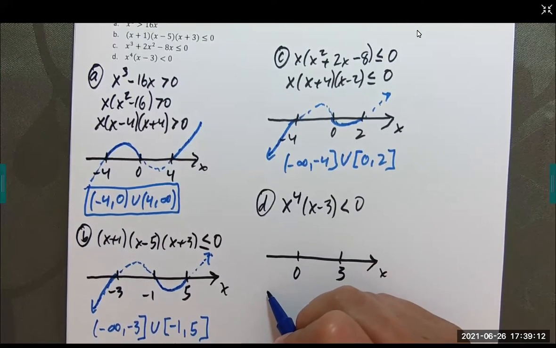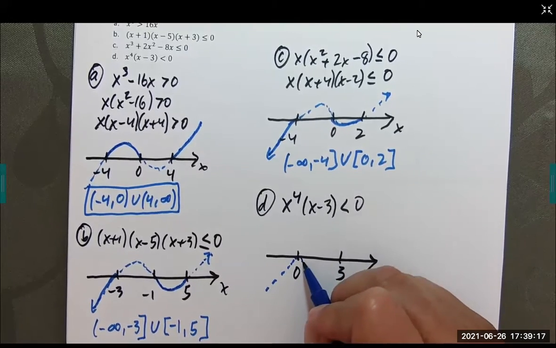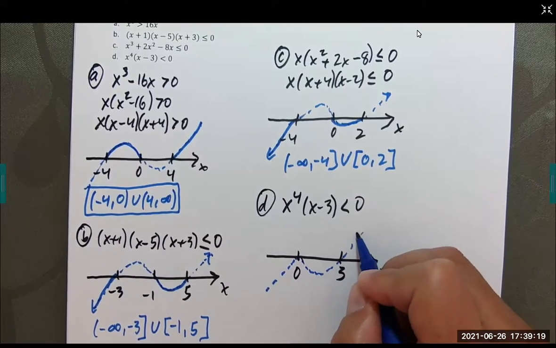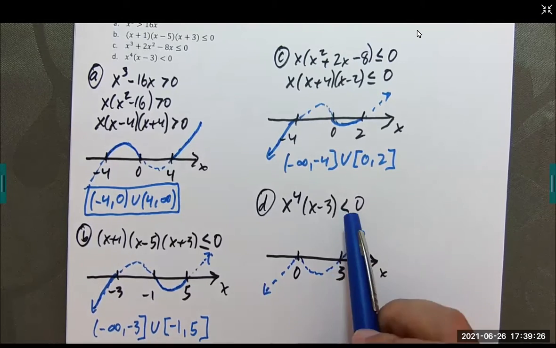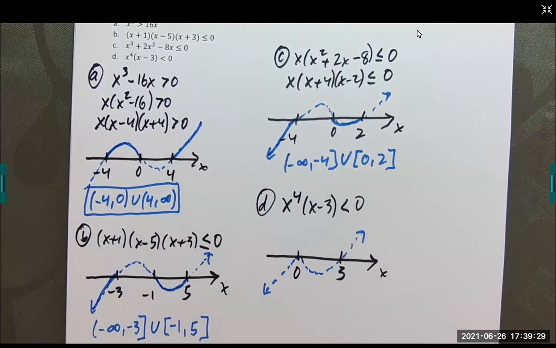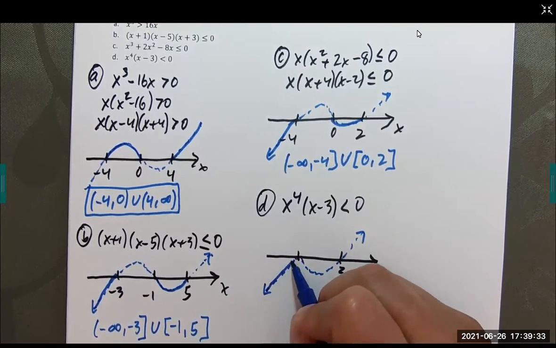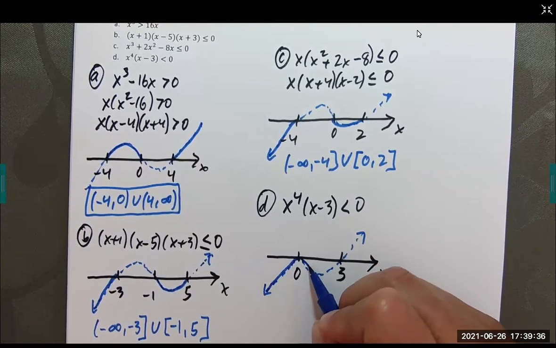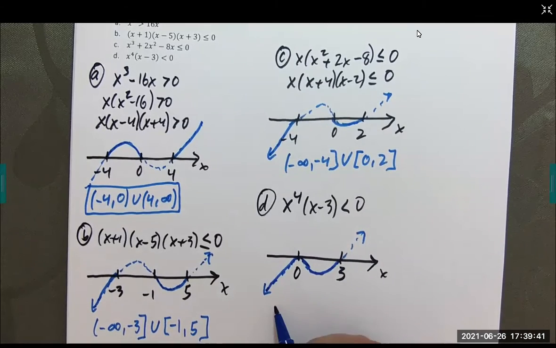So it's going to go here, but this time it's going to bounce off. We want to know when it's negative, and at 0, because it's not included, we're going to have to skip that. So all of that is going to be the negative. So negative infinity to 0, skipping over 0, to 3.